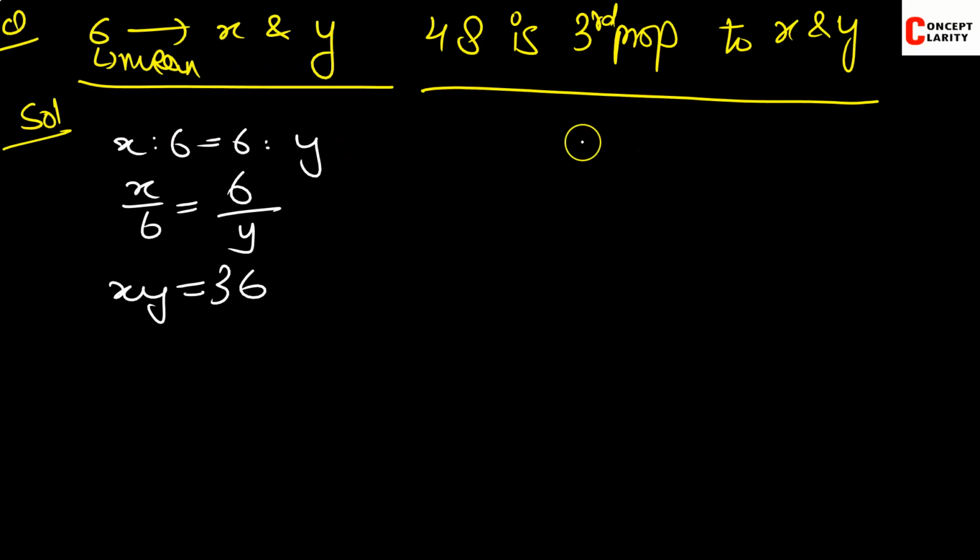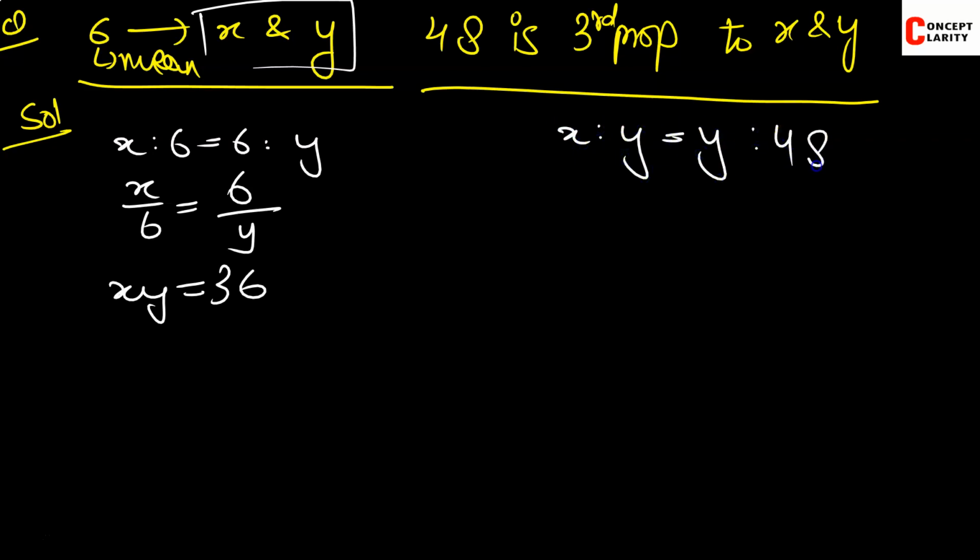Now it is given 48 is the third proportion to x and y. We know that x and y are in continued proportion. So how will 48 come? Let's put it here. This is 48. Why? Because when 6 is the mean proportion, 48 can't be the mean proportion, since in a ratio x and y there can be only one mean proportion between x and y.